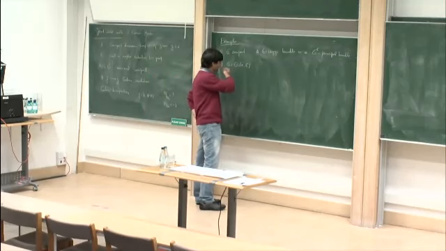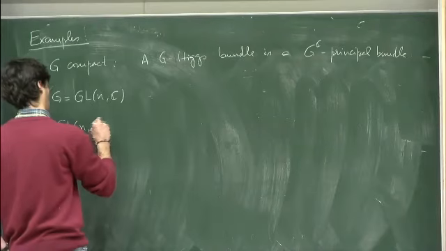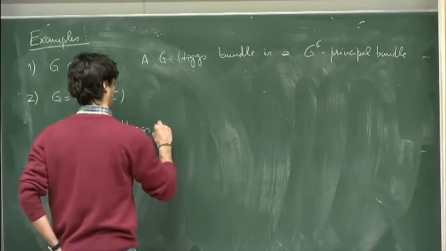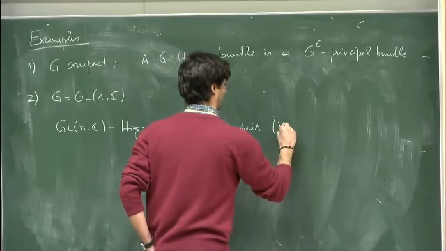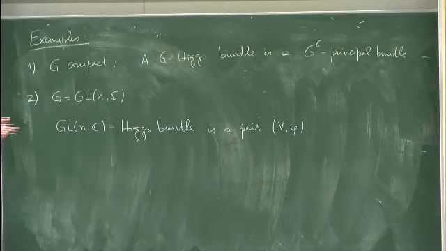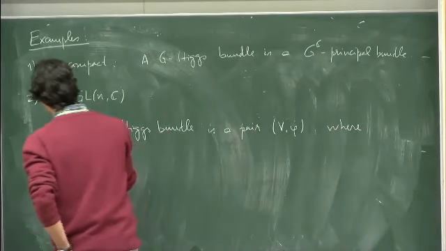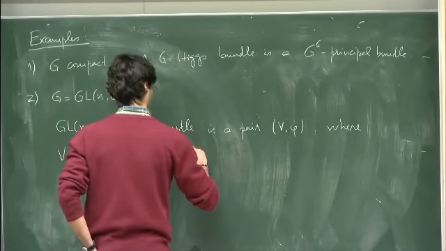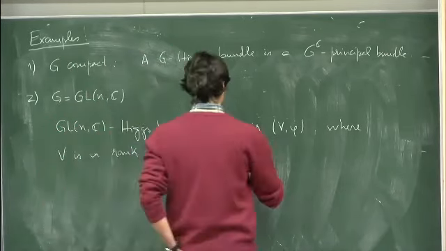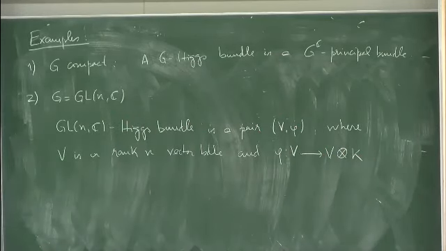So when G is GL_n(C), in terms of vector bundles, a GL_n(C) Higgs bundle is a pair (V, phi), where V is a rank n holomorphic vector bundle, and phi is a global endomorphism of V twisted by the canonical line bundle.